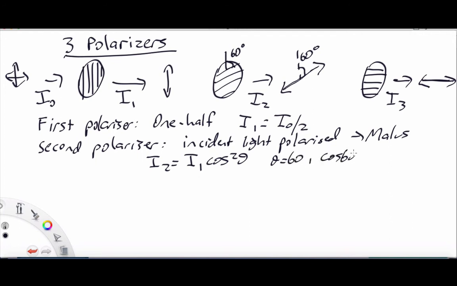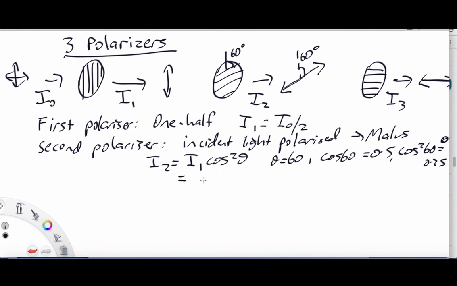Cos 60 is 0.5. So cos squared 60 is 0.25. So that means that I2 is 0.25 I1, which is 0.125 I0 because I1 was half of I0.